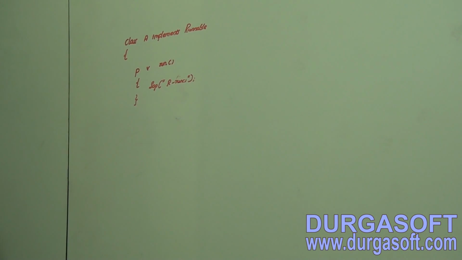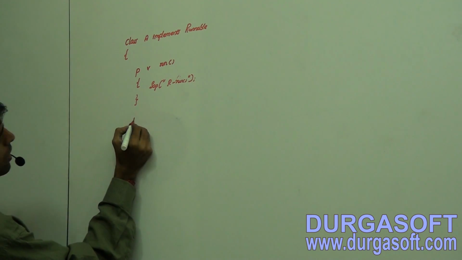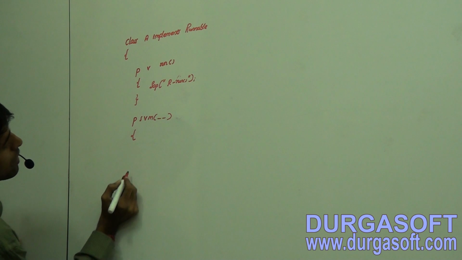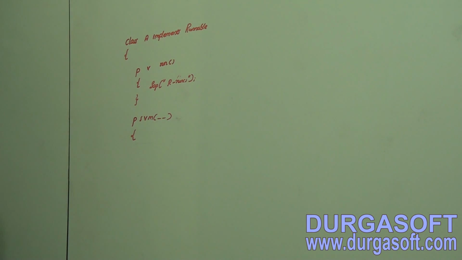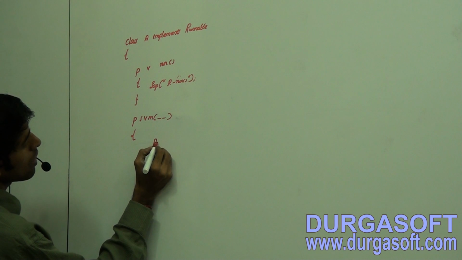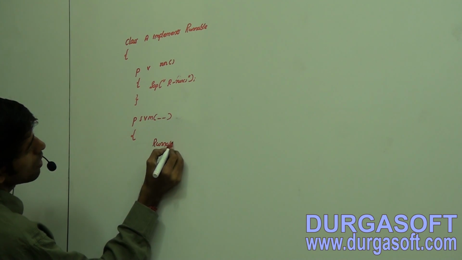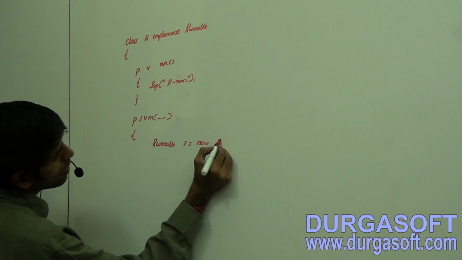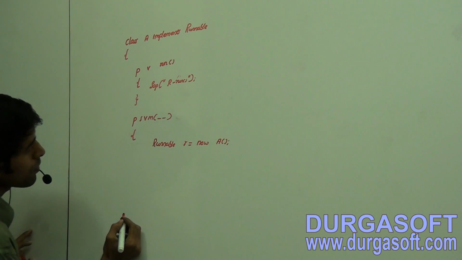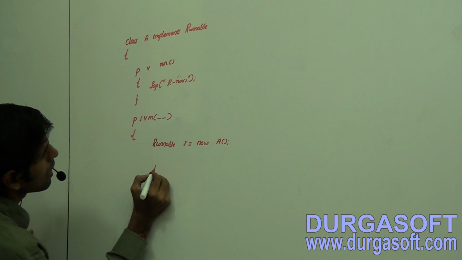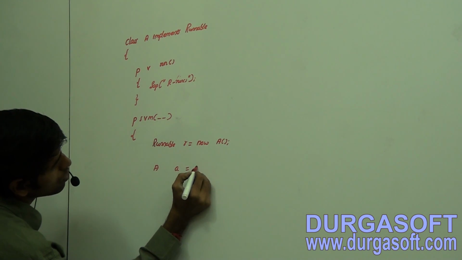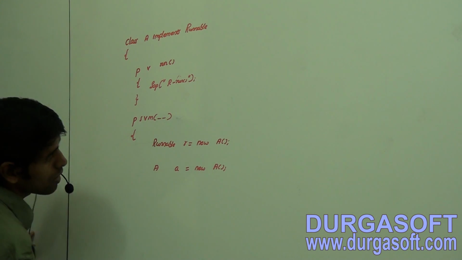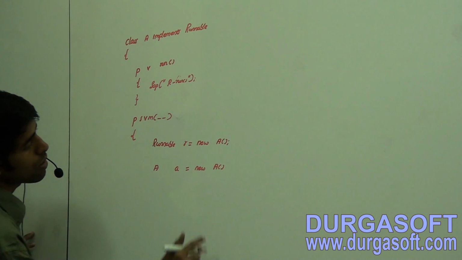In the main method, public static void main, I am creating 3 instances. Try to observe here. Runnable r = new A(). And the other one is A a = new A().